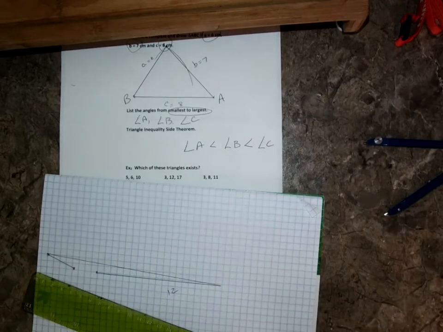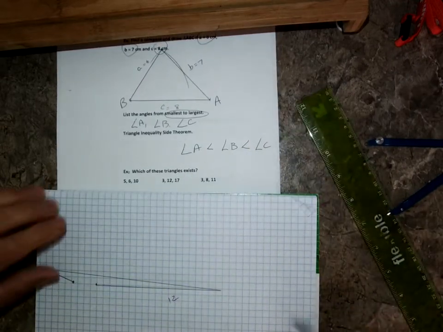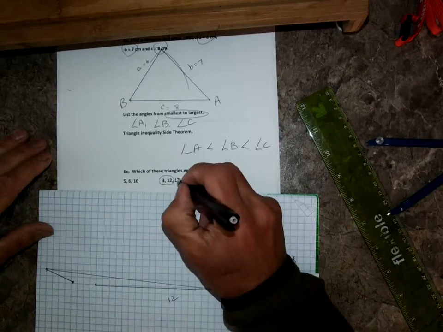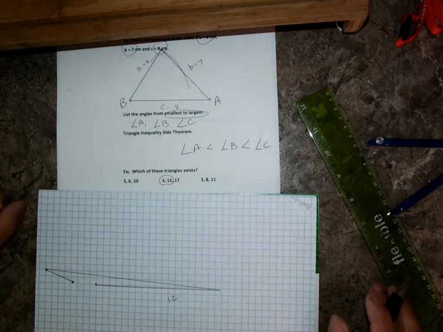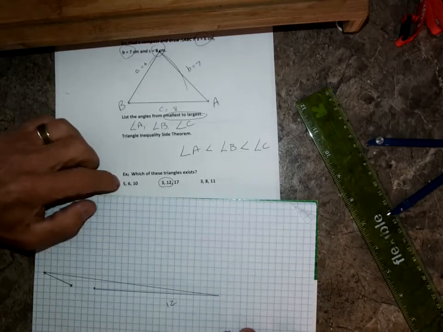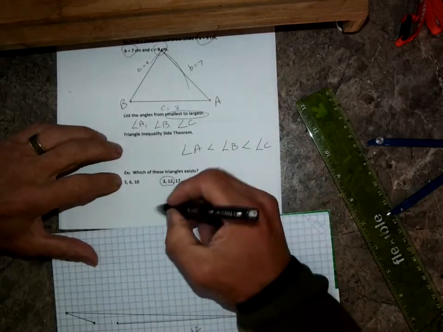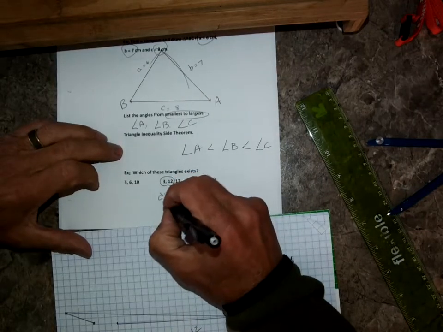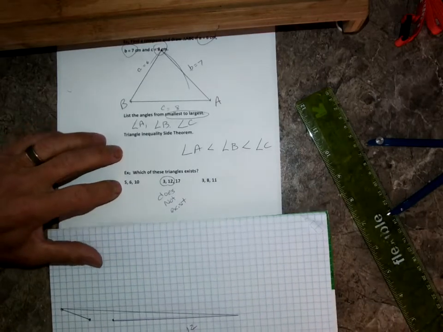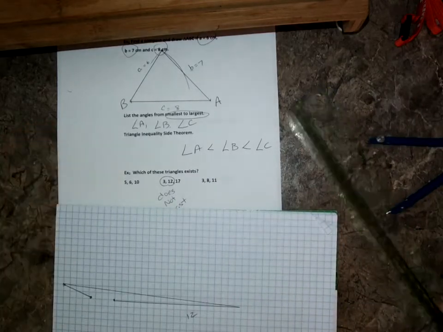There's no triangle, okay? So if any two added together cannot make the third or be as big as the third, then the triangle does not exist, okay? Let's look at this one. So this does not exist.